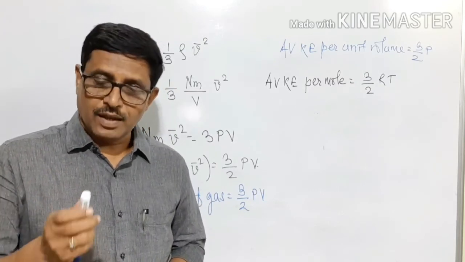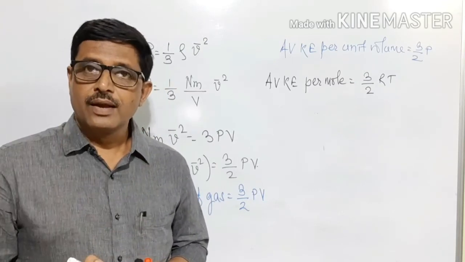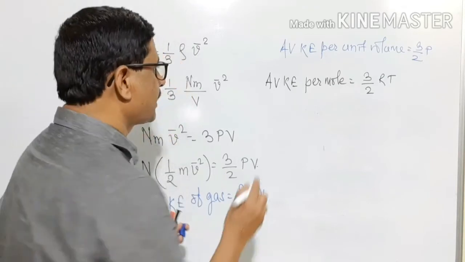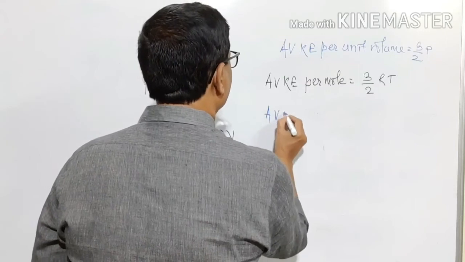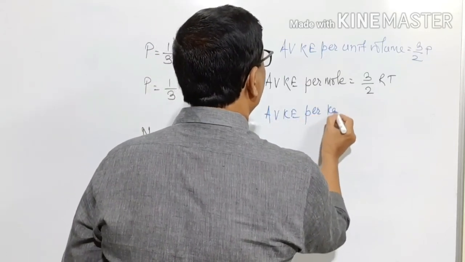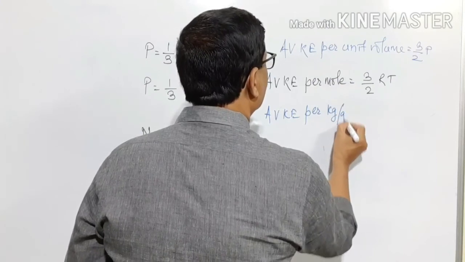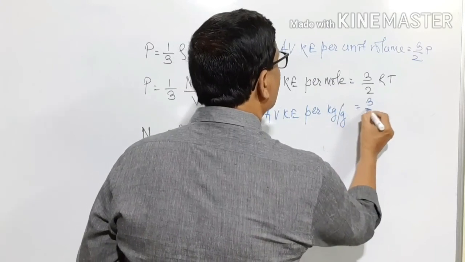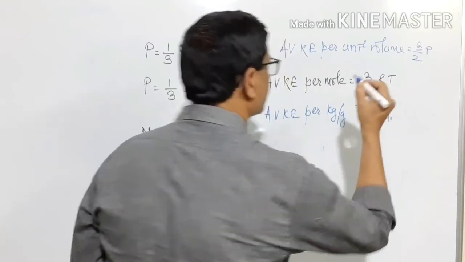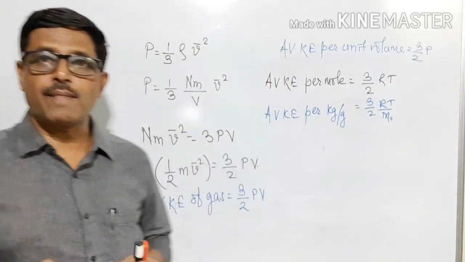If m0 is the molar mass of a gas, then average kinetic energy per kilogram or per gram is equal to 3 by 2 RT divided by m0. m0 is the molar mass of the gas.